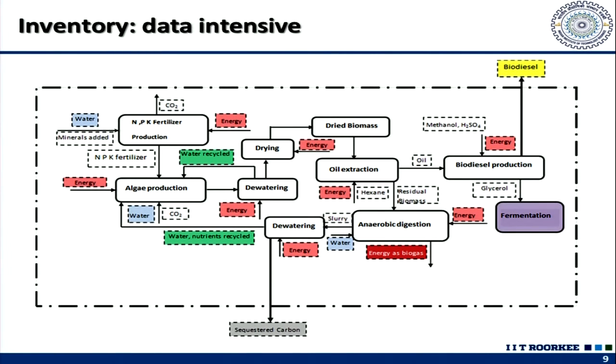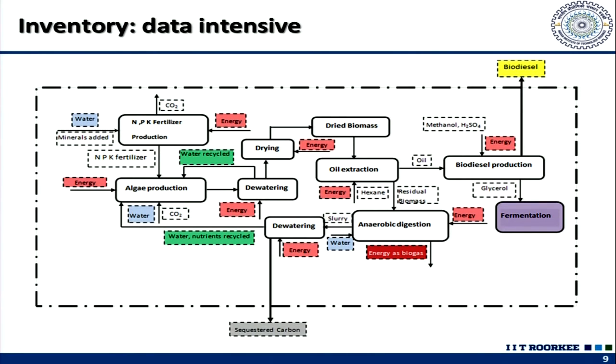So for example, you have to produce biomass, you have nitrogen fertilizer production, and for that you need energy and other raw materials. And then after finding all the inputs and outputs from each of the processes, you develop the inventory and then agglomerate them into different impact categories.